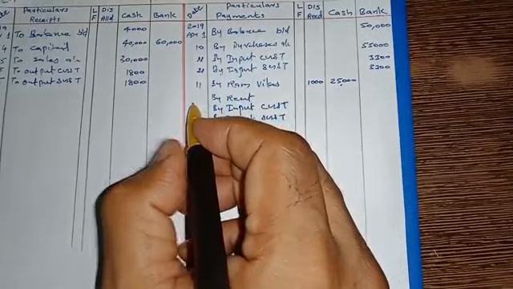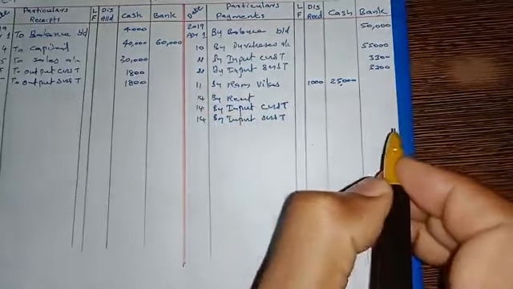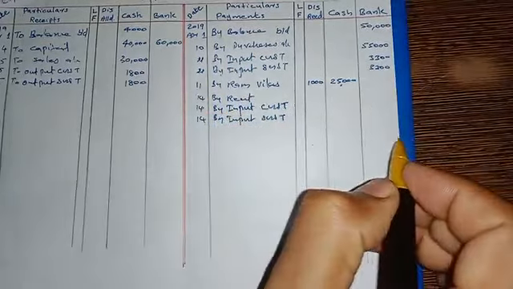The date is 14th. Rent amount, it is given 8,000. Given by check, so it will not come here. Here it is coming 8,000. Tax rate is given, it is 6%. So 480.